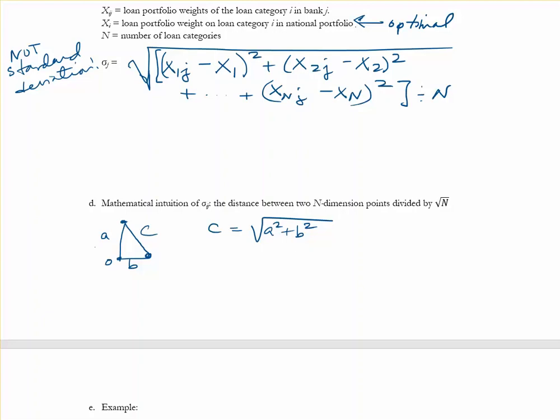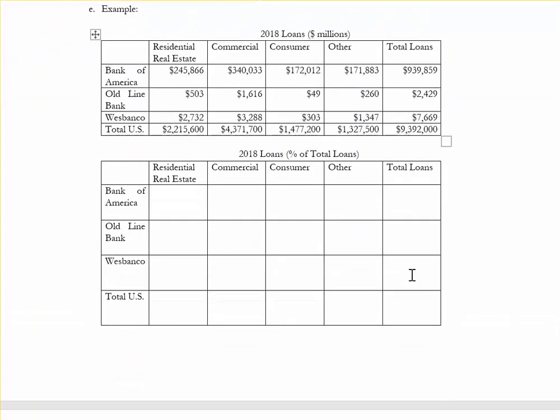And if you extrapolate this to beyond 2 dimensions, to n dimensions, then that's what this deviation is telling you. It's telling you the distance the bank has in its loan portfolio from the national aggregate portfolio. All right, let's do the example and then everything starts making more sense.